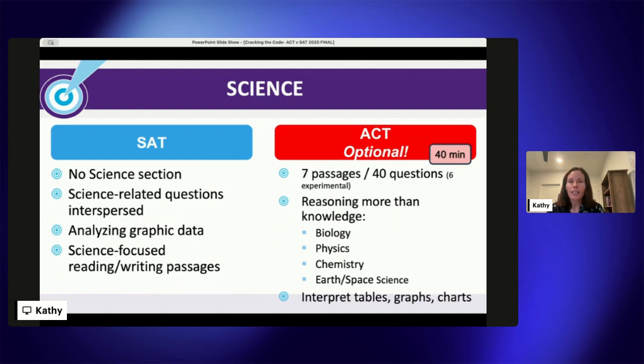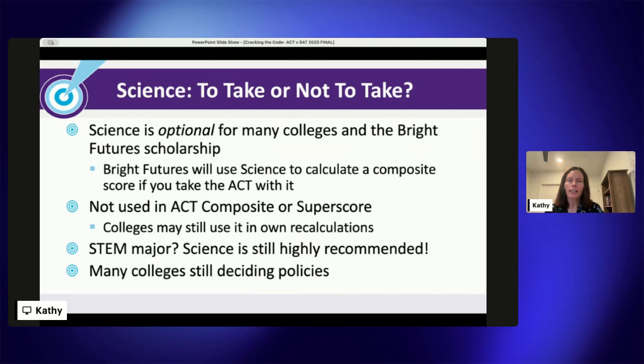A lot of it is reading short scientific focused passages, analyzing tables, graphs, and charts. So that's what the science section is. And really, in many ways it is more of a reading type test than an actual science test.